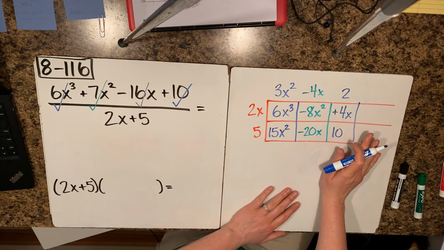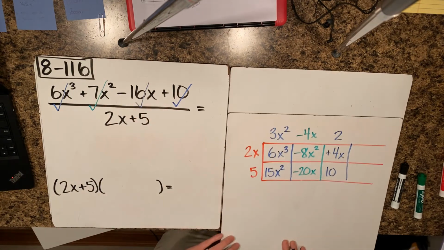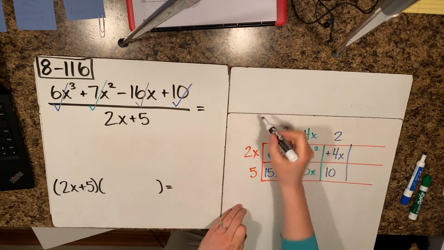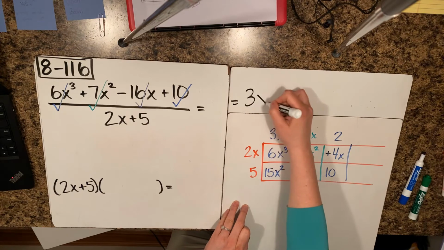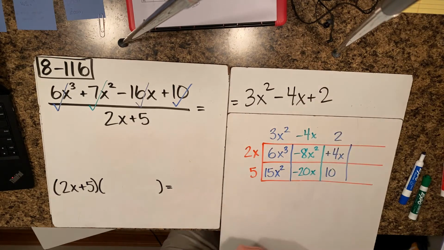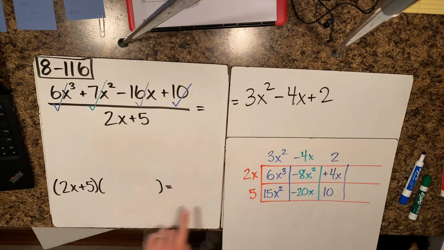I'm actually done. So when I divide these two things, what do I get? I get this answer that's up here on top: 3x squared minus 4x plus 2. Another way to write that is product sum.